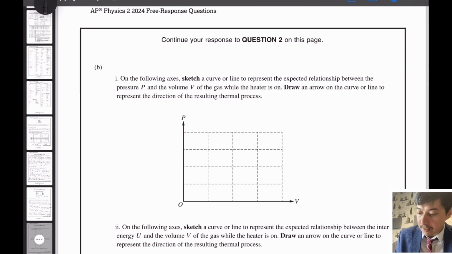So let's say at the beginning, the state was at this point. The volume stayed the same and the pressure increased, and it reached this second point. So this is the first state, this is the second state, and the arrow represents the transition from the first state to the second state.